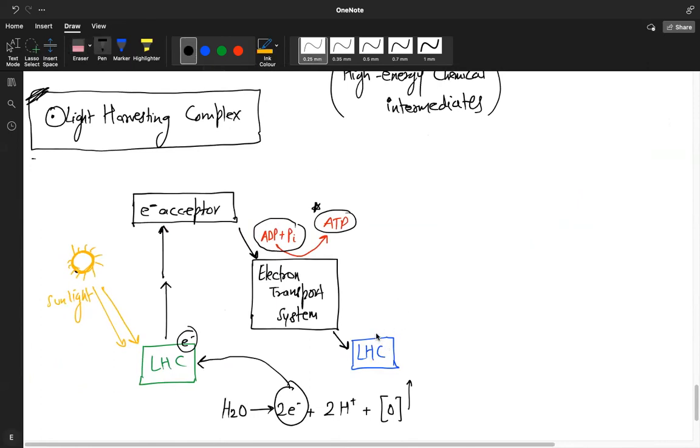Whenever an LHC gets energy, there will be electrons here as well, right? Again, they will get excited with this energy and will go to another electron acceptor.